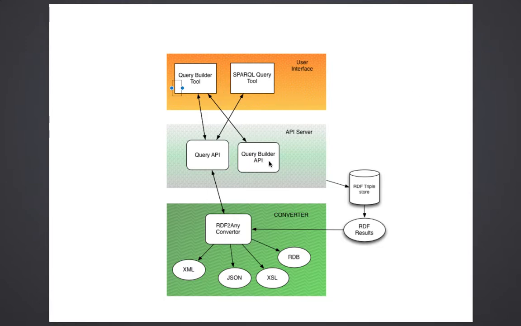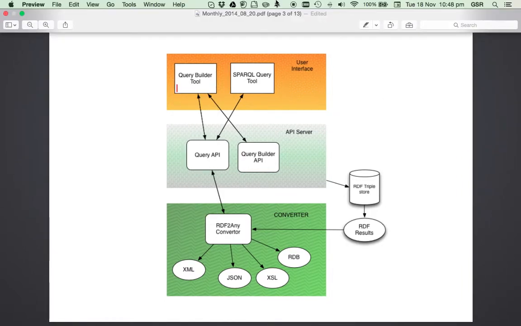This actually talks to the API server, and the API server has all the functionalities to, for example, search classes in a data set, search for objects of a particular property of a class, conversion, etc. They are all done by the API server.